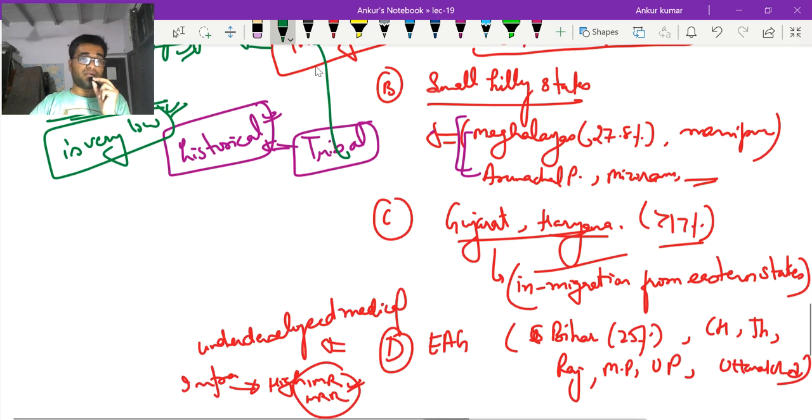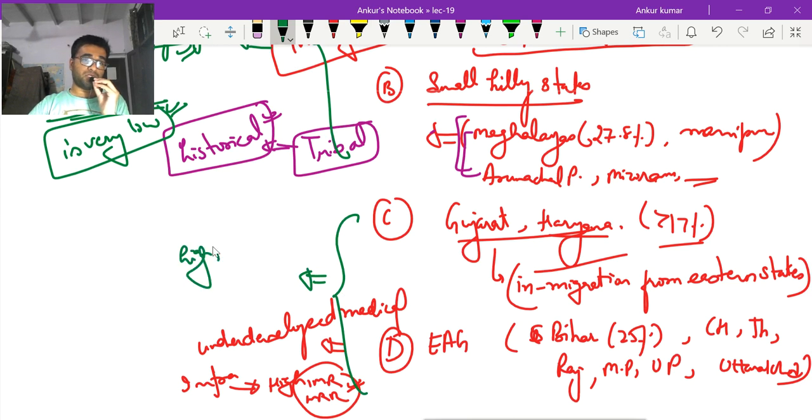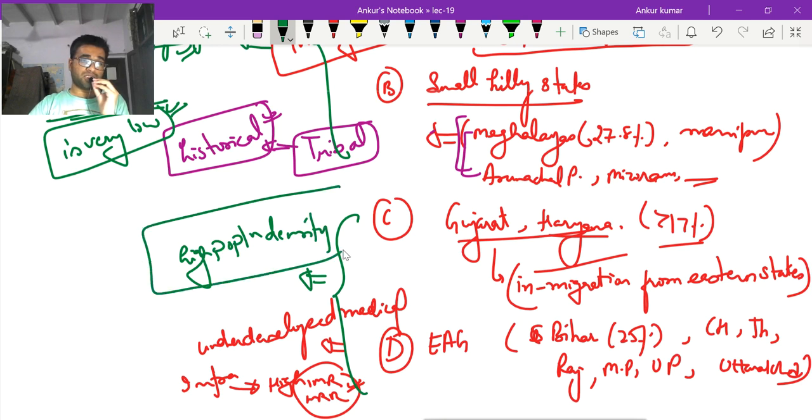Now as we said earlier, these two, A and B, were not having a high aggregate population, so even if the decadal population growth is more than 17.6%, the overall addition is very low. But in the case of C and D, these states are heavily populated, so because of their high population density, even a marginal percentage increase will add a large number of people.